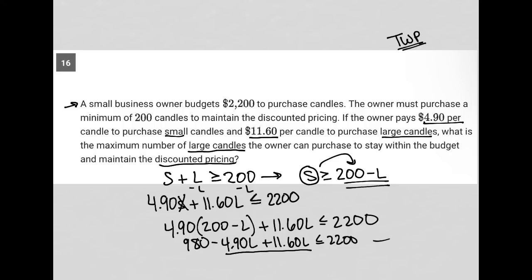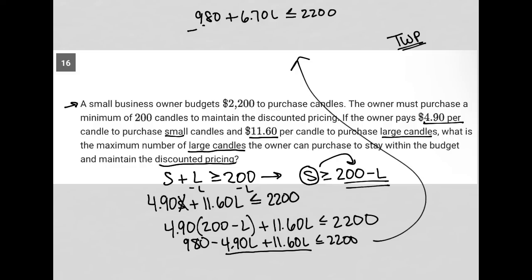So let's go up here for more space. 980 plus 6.70 L is less than or equal to 2,200. Subtract 980 from both sides. I have 6.70 L is less than or equal to 2,200 minus 980 in the calculator, 1220.